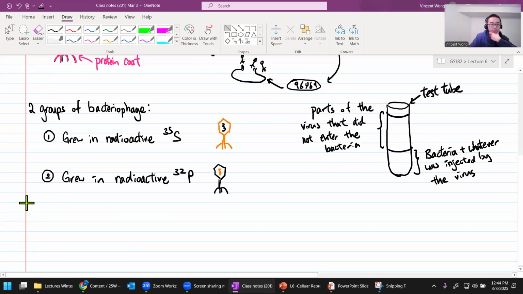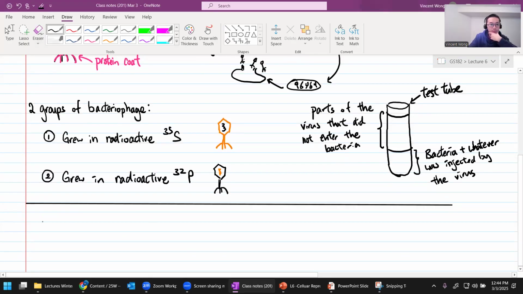All right, let's take a look at the results. So this is group one, with this guy. That's radioactive on the outside, and then no radioactivity for the inside.